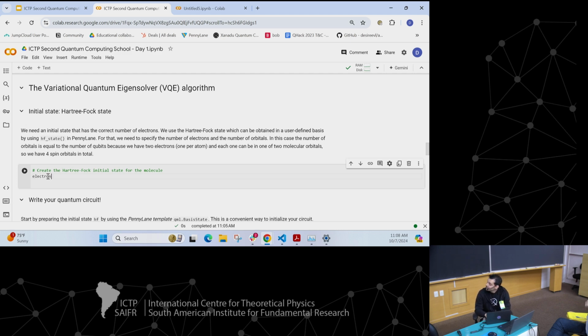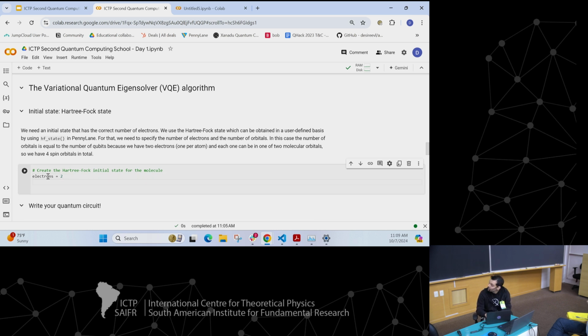So because we're working with an H2 molecule, we know that we have 2 electrons. The number of spin orbitals that we have is given by the number of qubits. Whoops. The number of qubits that we need to encode the Hamiltonian in. And from that, we can compute our Hartree-Fock state.